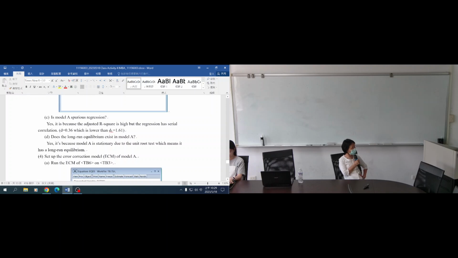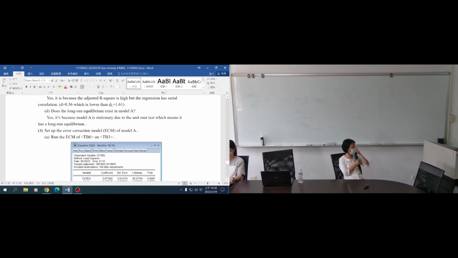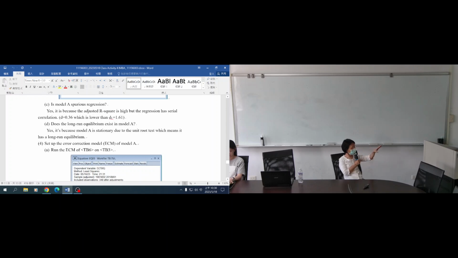Then we can answer the question. This is what we call the ECM, the error correction model. After I do the model for the residuals, then it is co-integrated.